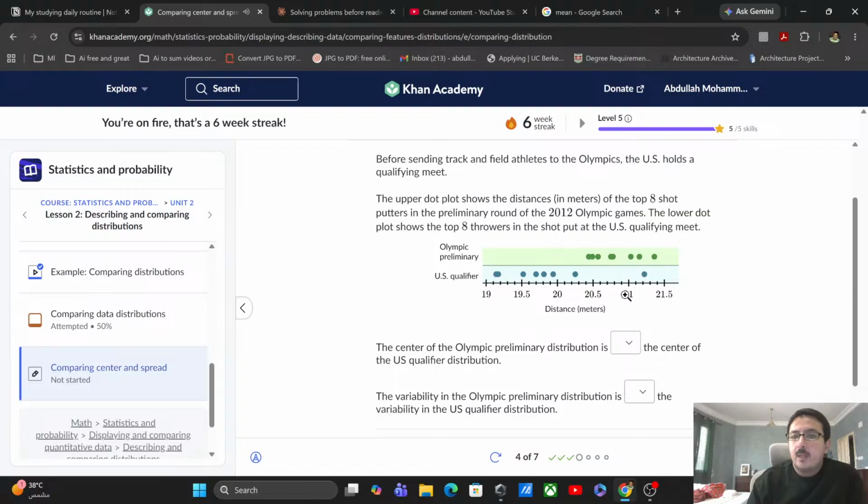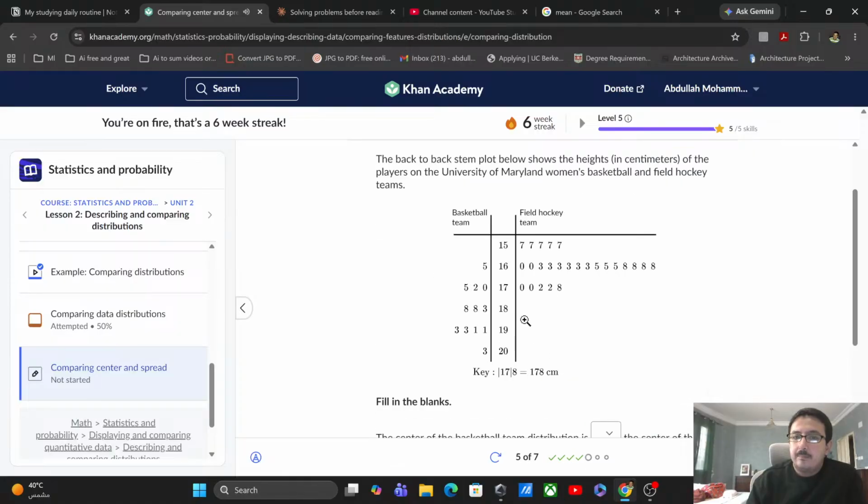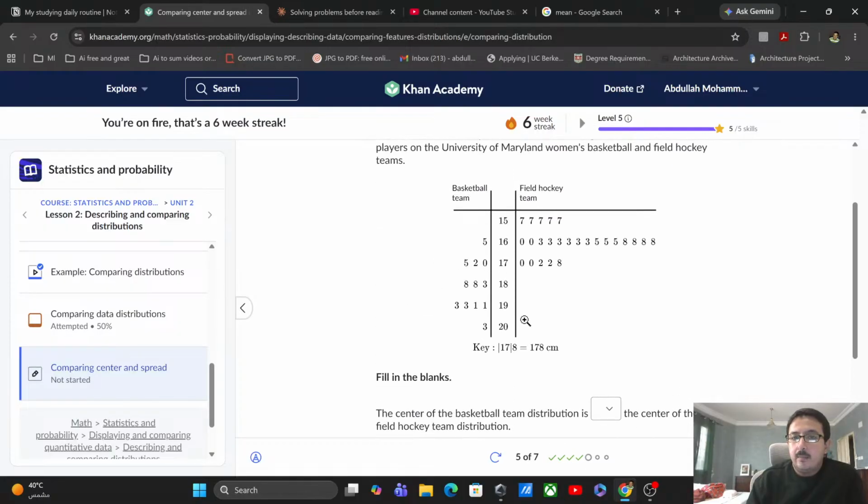Okay. This varies, whereas the center is less. So the center of Olympic distribution is larger, greater than, and the variability is less. It's less. This is scattered. Okay.